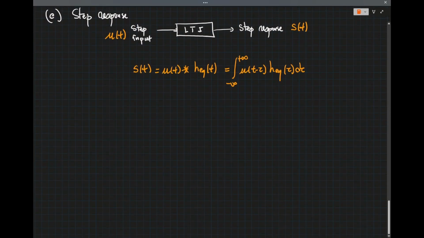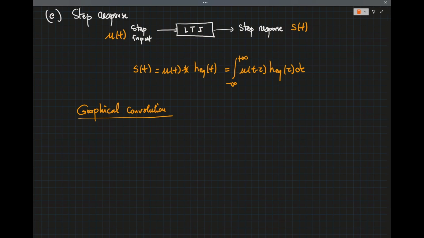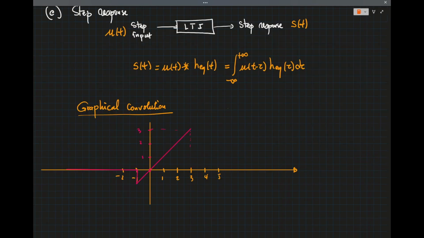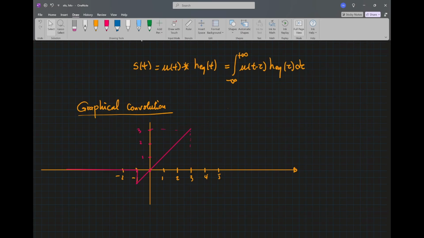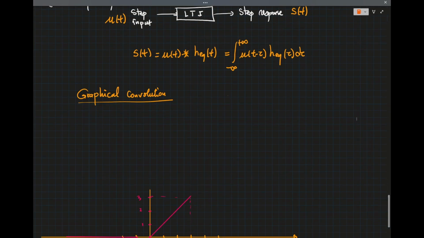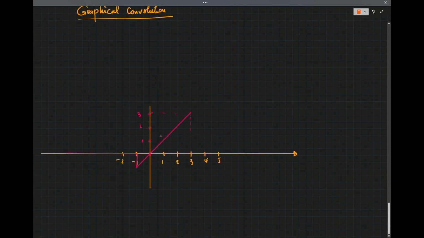I am going to compute this convolution graphically. To do graphical convolution, let's sketch h and go from there. Let's insert some space here so I can sketch h correctly.